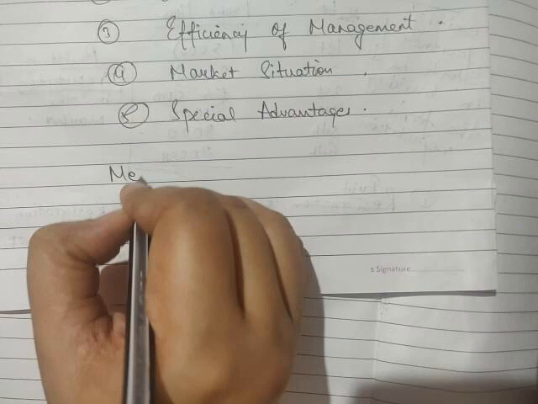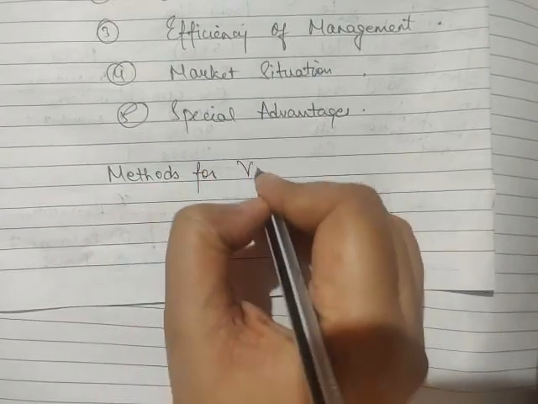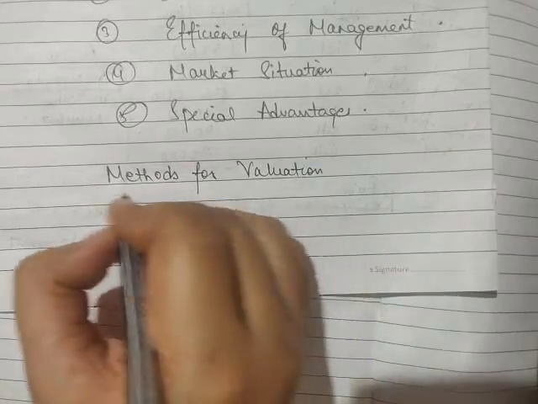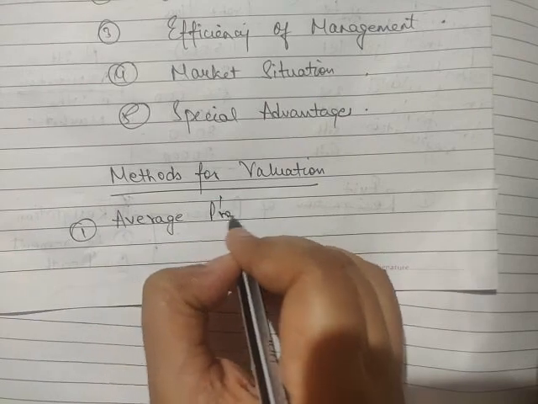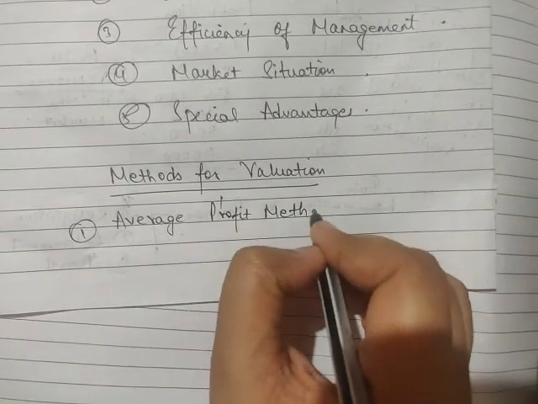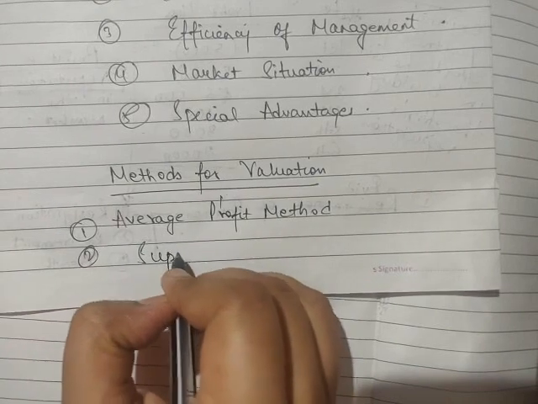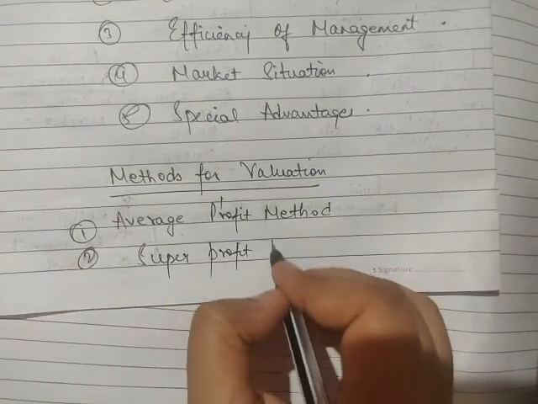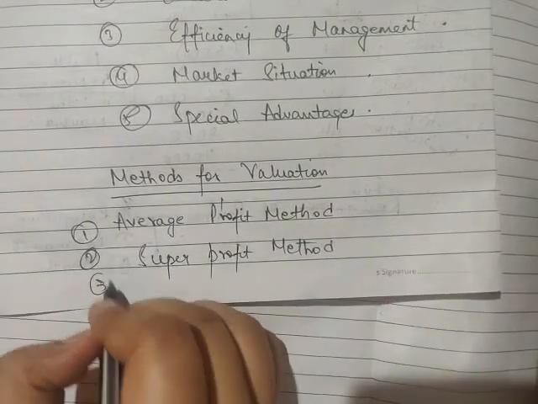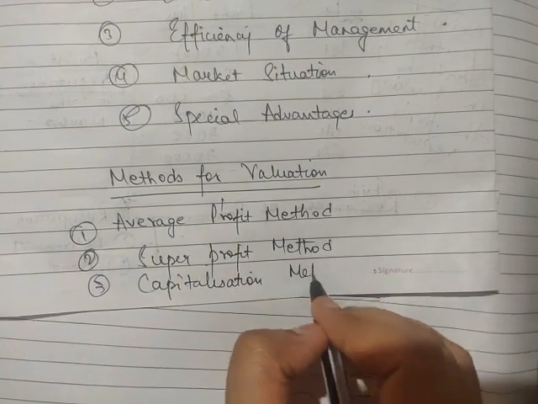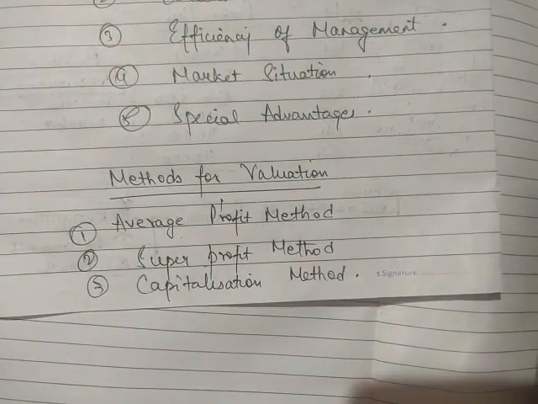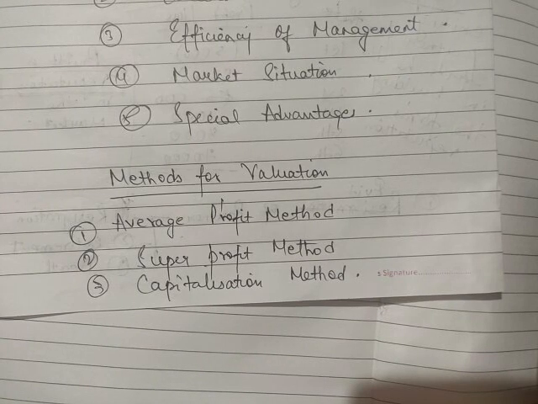The methods for valuation of goodwill are: first is the average profit method, next is the super profit method, and third is the capitalization method. We will understand each of these methods with practical problems and examples in our upcoming video.